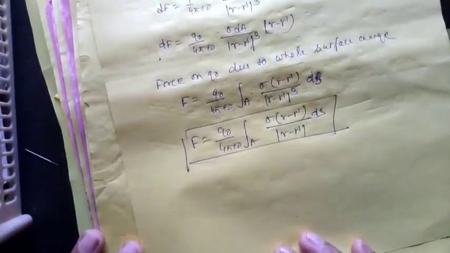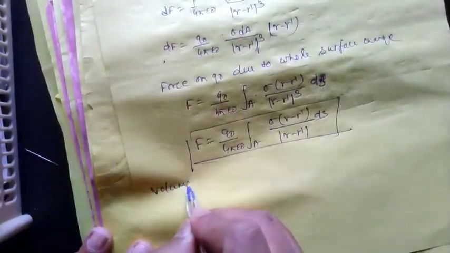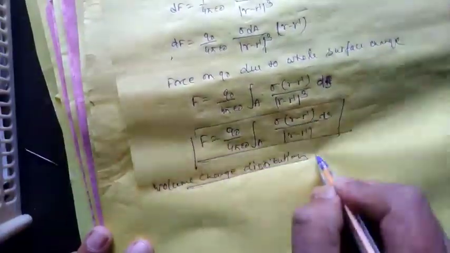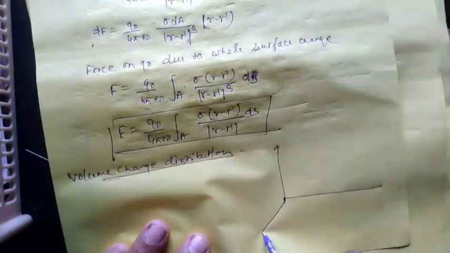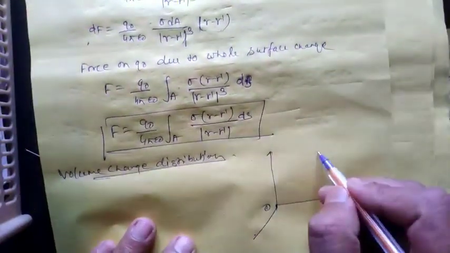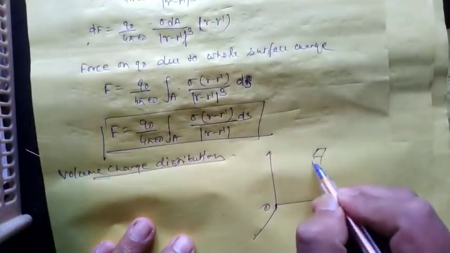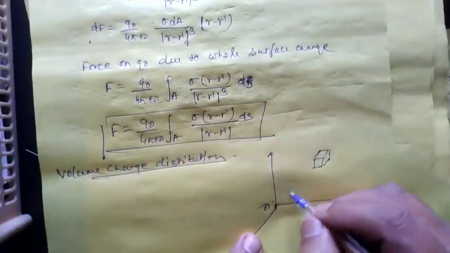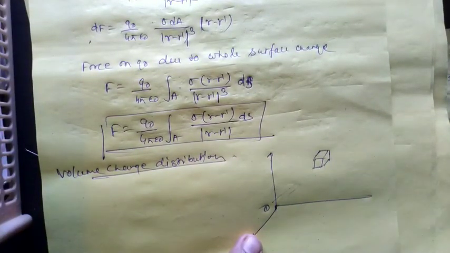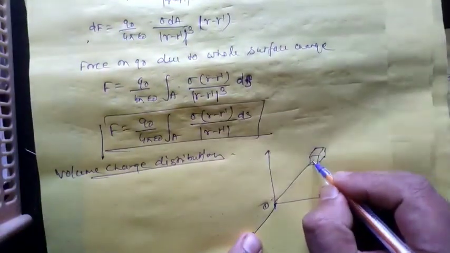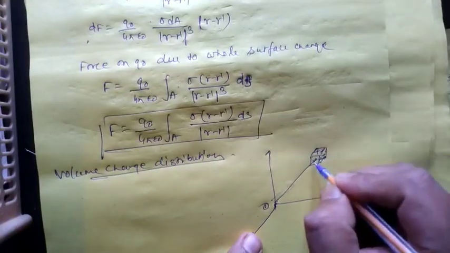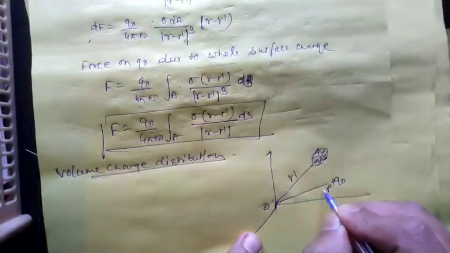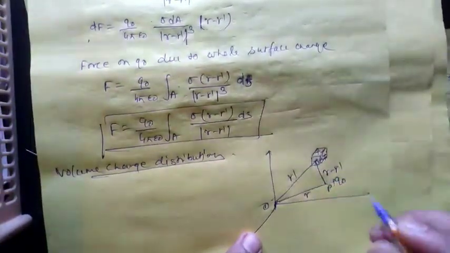And finally we have the volume charge distribution. In this condition we have a system in the form of a cube, with a small volume dV, uniformly positively charged. Again this is r dash, situated at a point P at distance r, and the distance is r minus r dash.